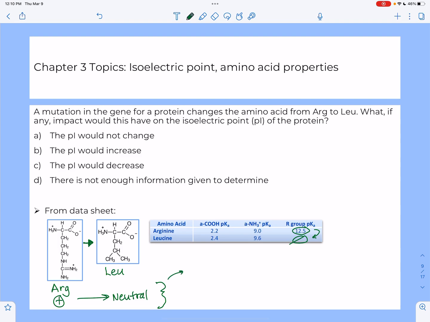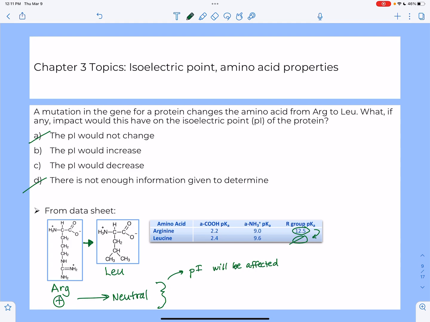So thing number one, the pI will be affected. Okay, so that gets rid of "will not change." Okay, and we do have the pKa values for the amino acids, so we do have enough information given to determine the answer. So now it is just, would the pI increase or would it decrease?